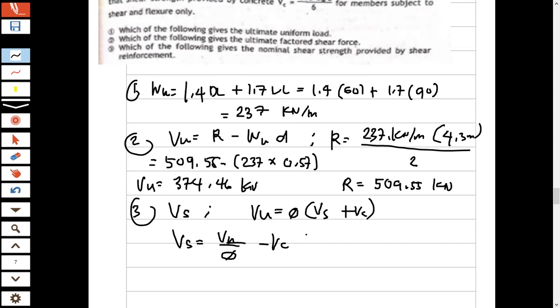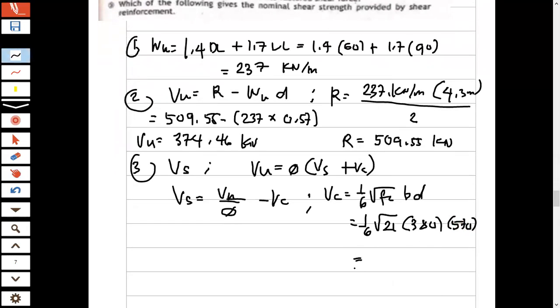Okay? So, let us compute what is VC. Is just equal to 1/6 square root of FC prime BD. Okay? So, you have here 1/6 square root of FC prime, 21. B is 380. D is 570.